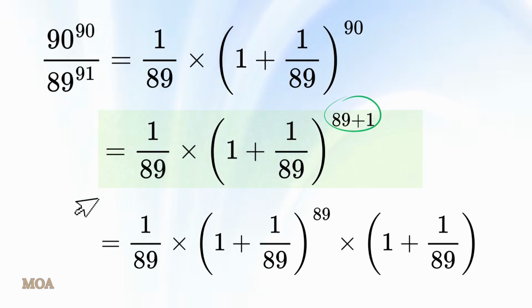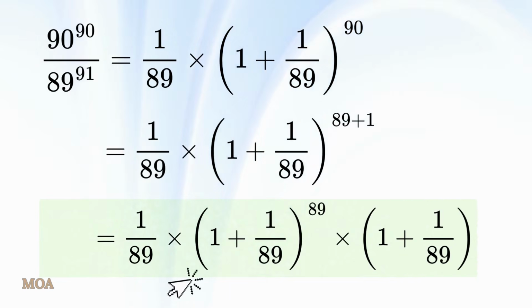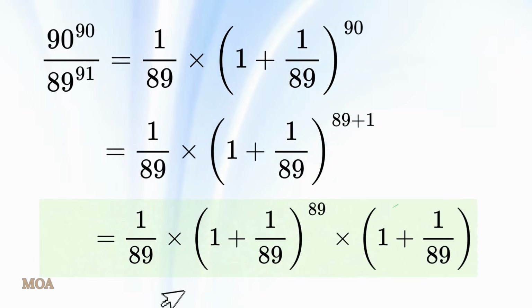Next, because the exponent is 90, which equals 89 plus 1, we can split the power. This allows us to rewrite the expression as 1 over 89 multiplied by the quantity 1 plus 1 over 89, all to the power of 89, times 1 plus 1 over 89.